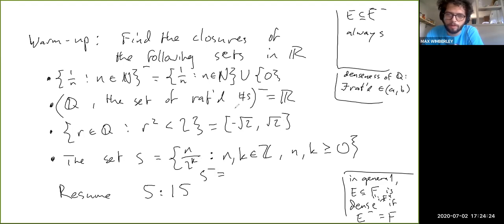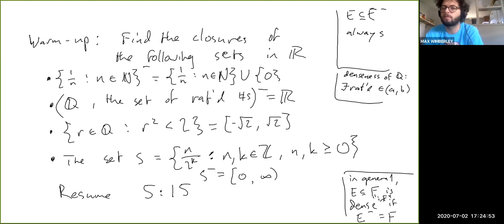So pretty much by the exact same logic as up here, the closure of S has to be 0 to infinity, right? Because any real number between 0 and infinity, you can play the same game. You can take smaller and smaller intervals around it, and you can always still find a number from this set inside of that interval.